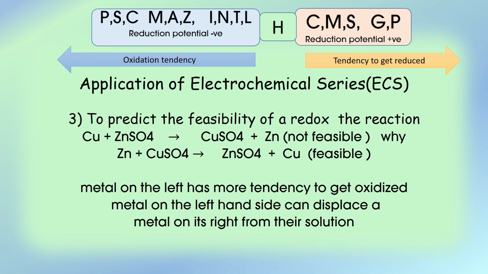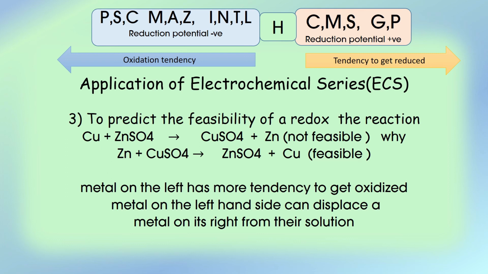A metal on the left hand side has more tendency to get oxidized than the metal on the right hand side. A metal on the left hand side can displace a metal on the right hand side from their solution. All these statements are essentially the same.